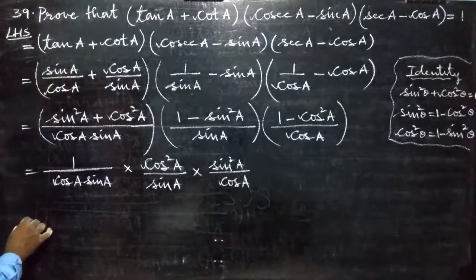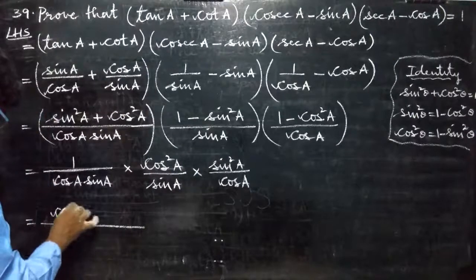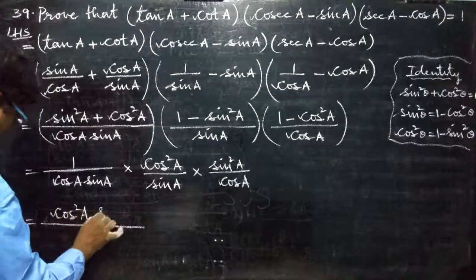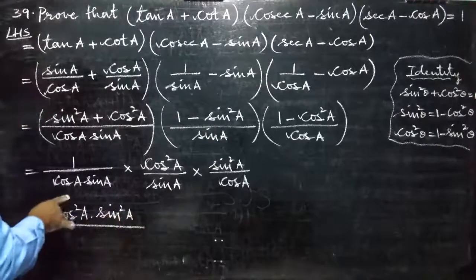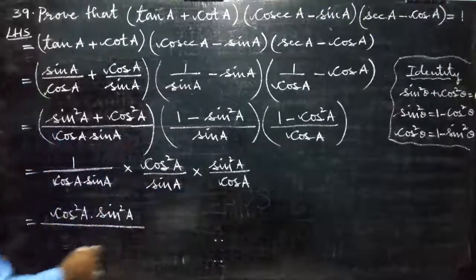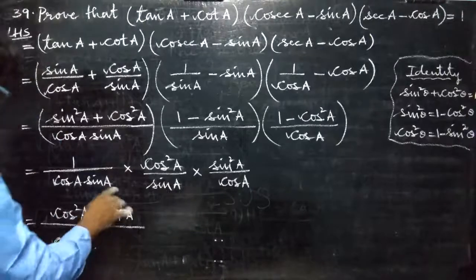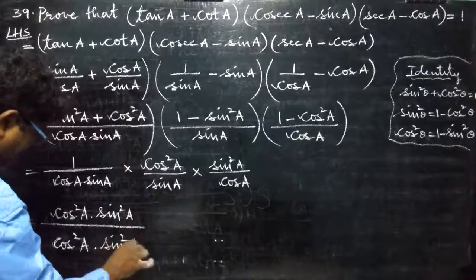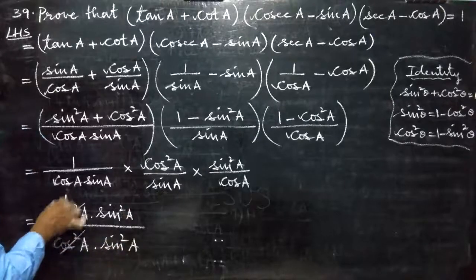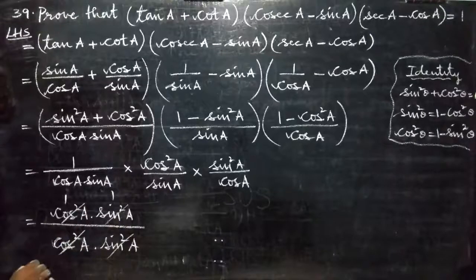In numerator cos square A into sin square A. In denominator cos A into cos A, cos square A, into sin A into sin A, sin square A. Now cos square A in cos square A goes one time, sin square A in sin square A goes one time. 1 ones are 1.